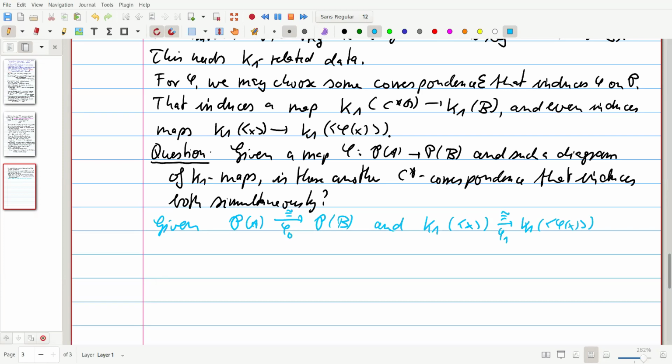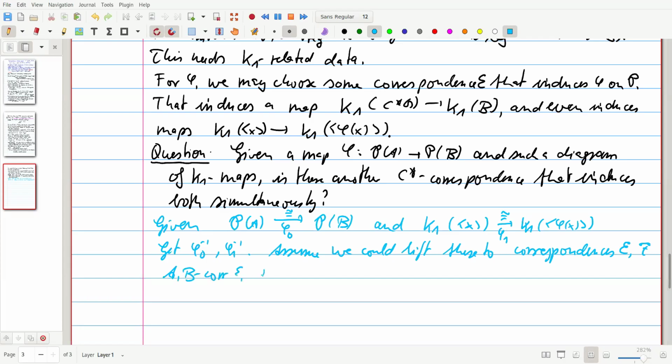And then, of course, we also get phi 0 inverse, phi 1 inverse, and assume we could lift these two correspondences E and maybe F going back and forth. So E would be an A-B correspondence, and F would be the B-A correspondence that goes back.